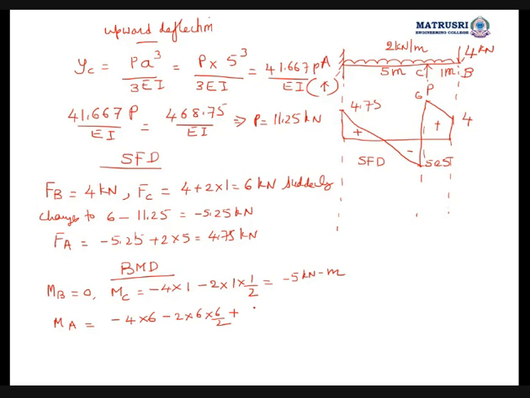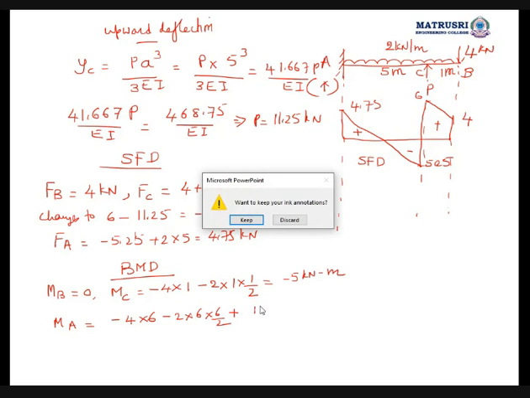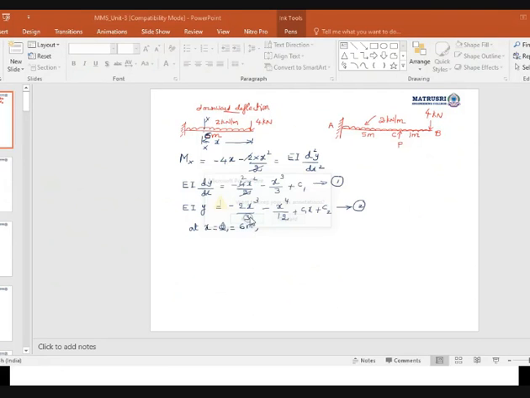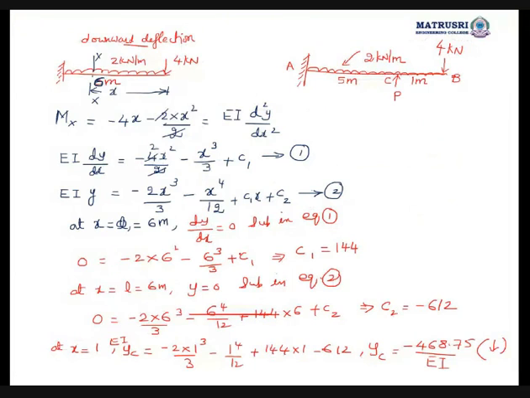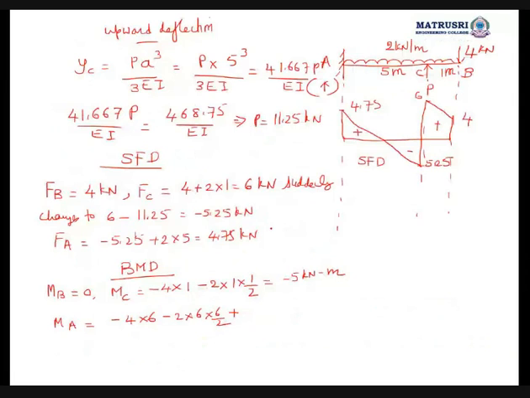So P is how much? P is 11.25 into 5. So if I do the calculations, I got 3.75 kilonewton meter. So MA I got, MB I got, MC I got, but I am getting negative values only.